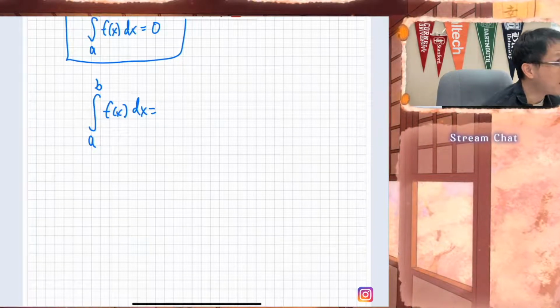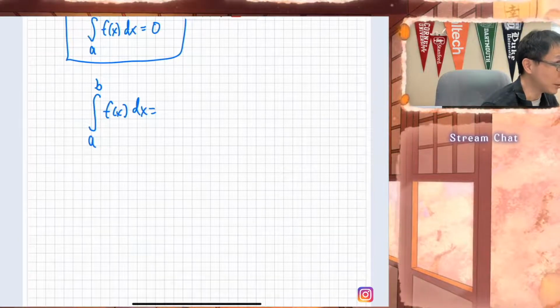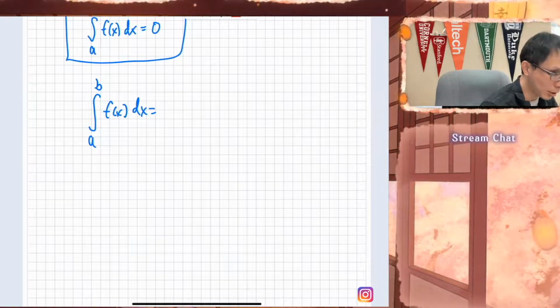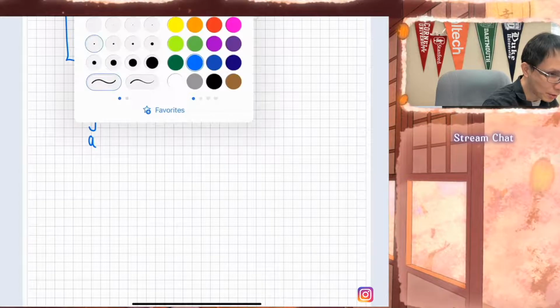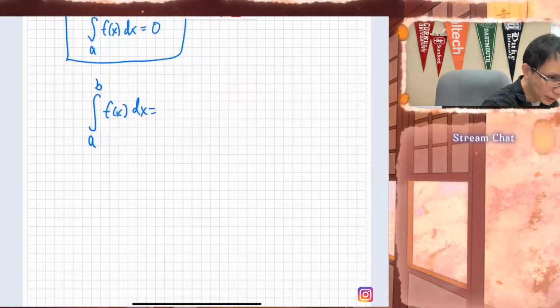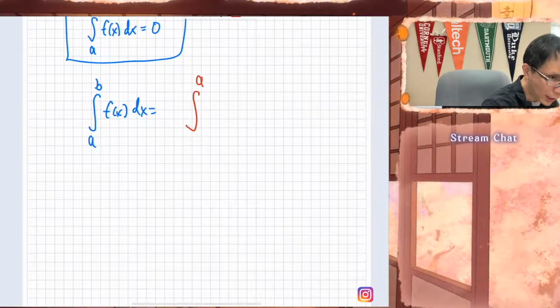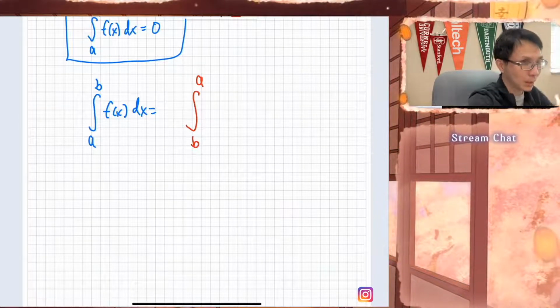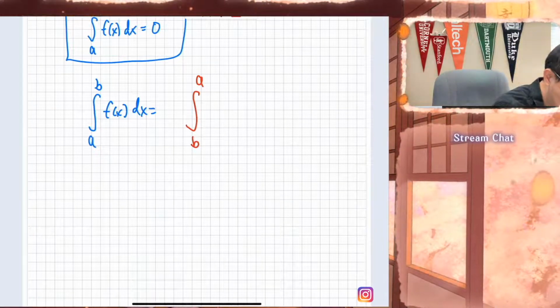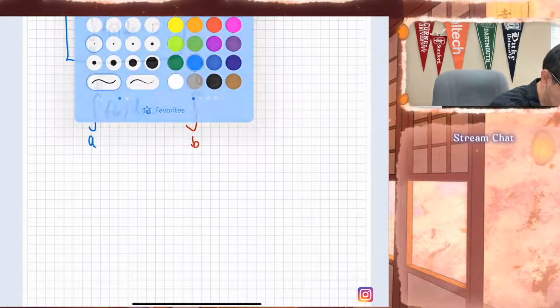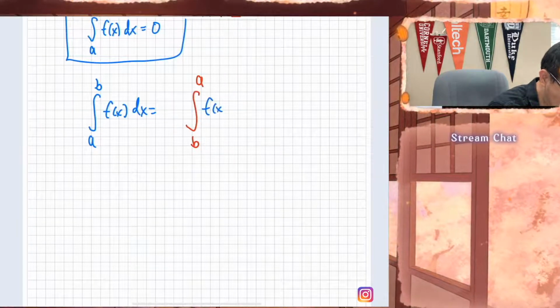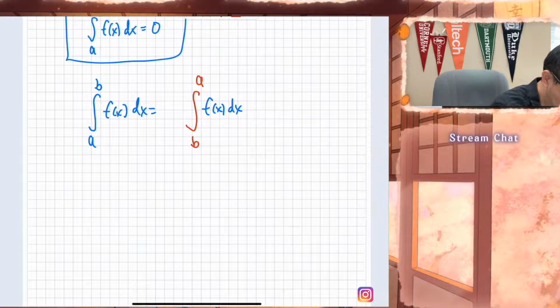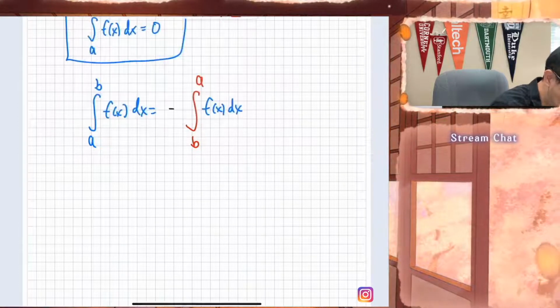Now, if I decide to switch the boundaries, so let's say I switch this boundary from a to b, if I switch them, they don't equal each other, but they are equal to the negative of that.